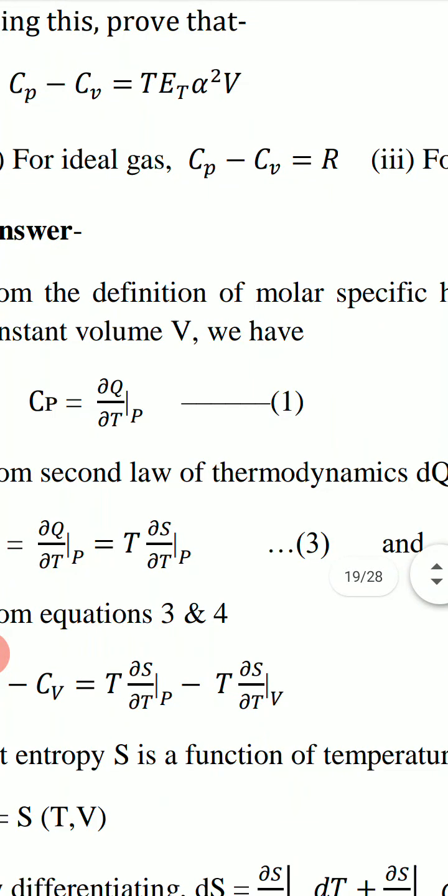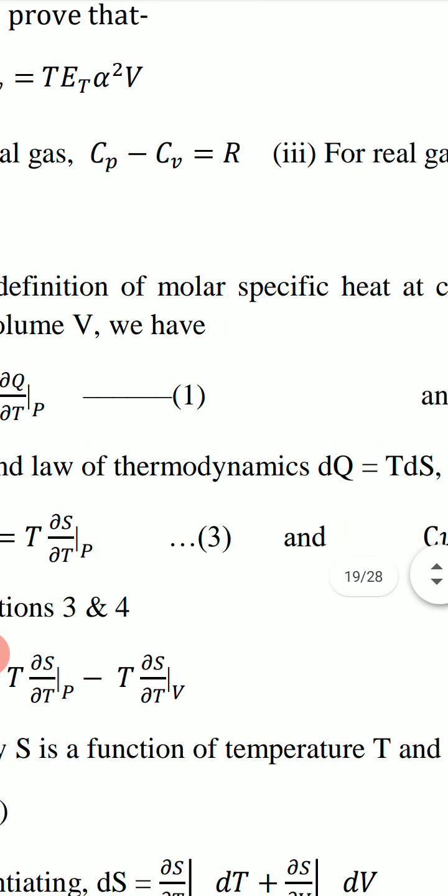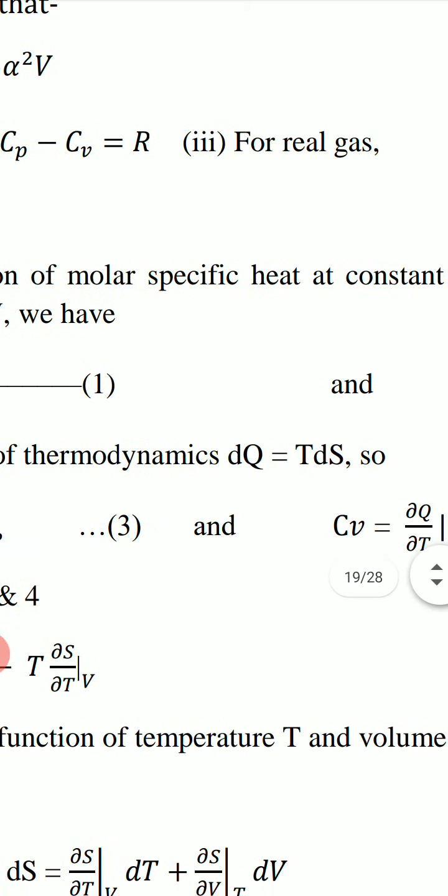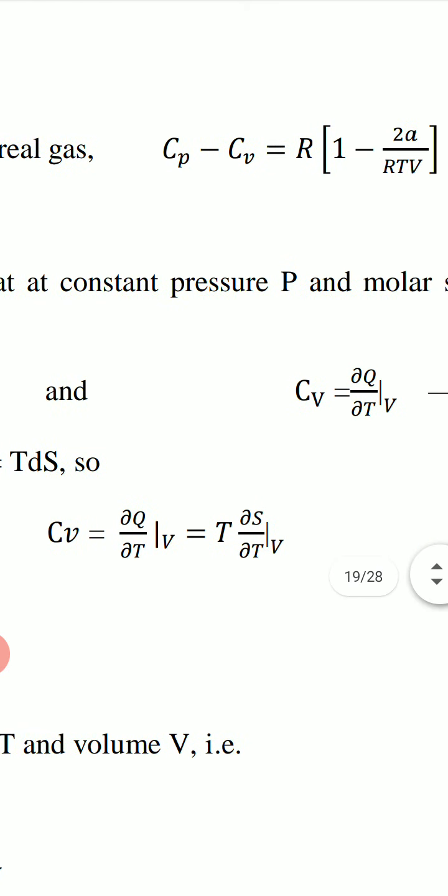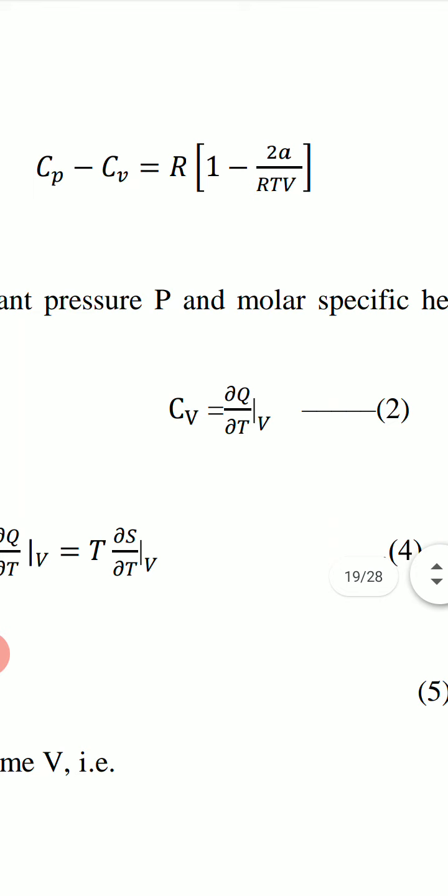For ideal gas, Cp minus Cv equal to R, and for real gas, Cp minus Cv equal to R into 1 minus 2A upon RTV.